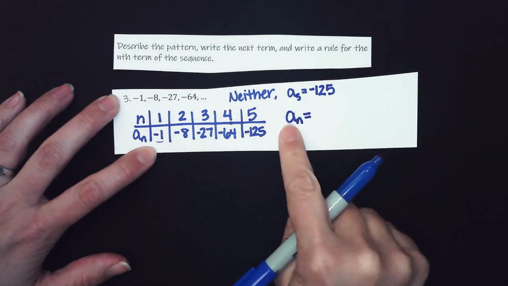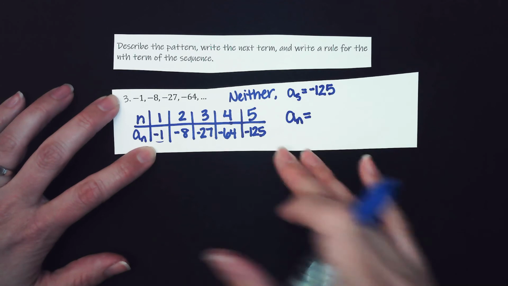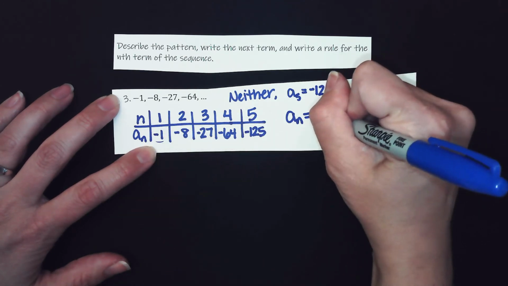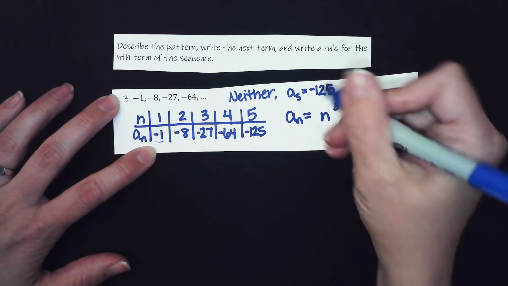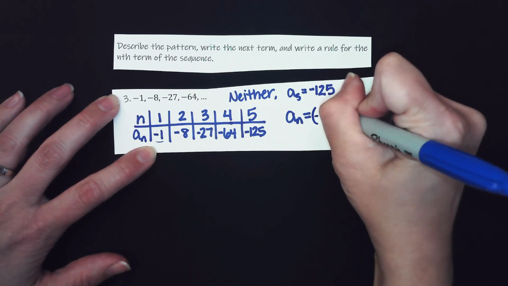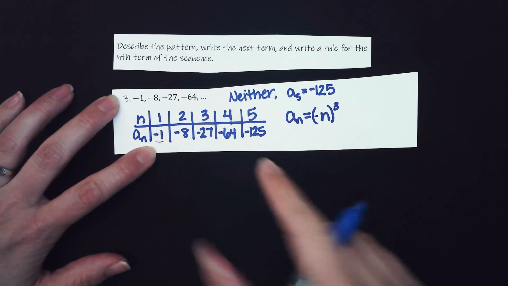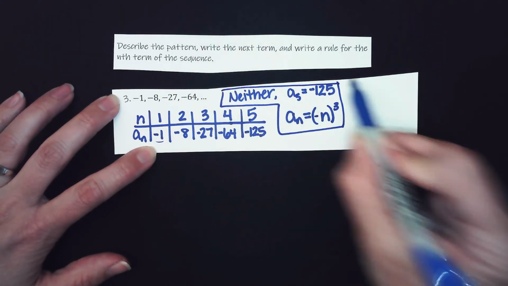No matter what n is, this is the rule that'll help me find that number. I said if we take n and we cube it, we're going to get these numbers, except these are negative. So I need to make n negative. (-n) cubed gets me all of this. So there are my rules. So all of this are answers that it needed.